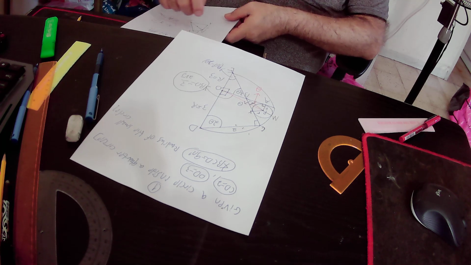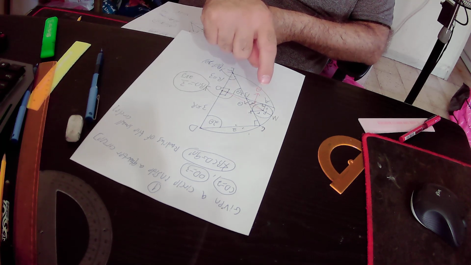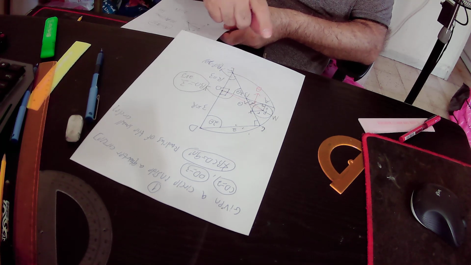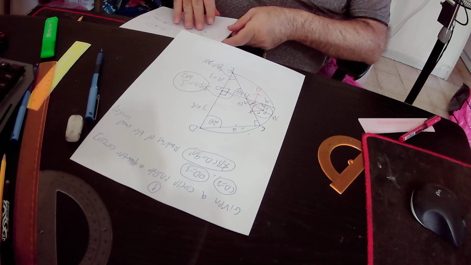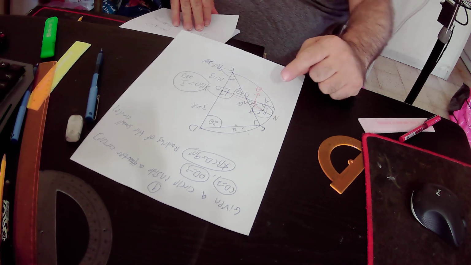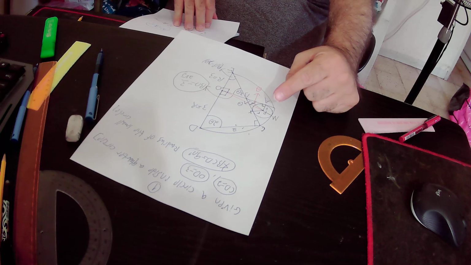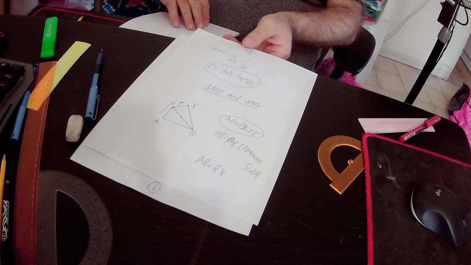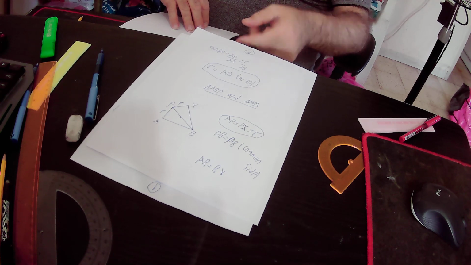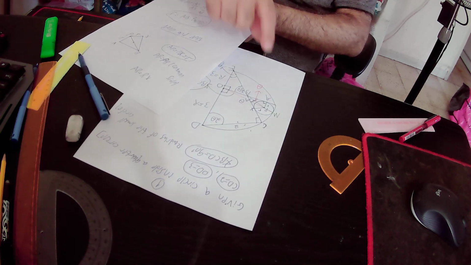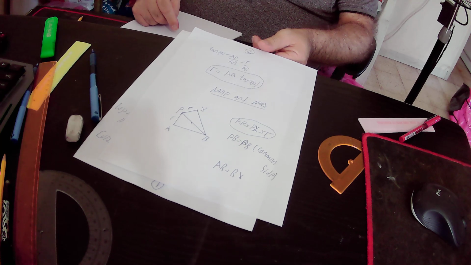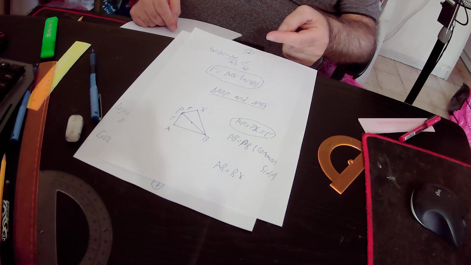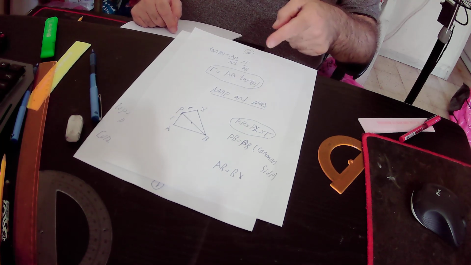We defined angle ABP as theta, and we know that tangent theta equals to AP over AB. But we know that AP is the radius of the small circle, so AP is R, so tangent theta equals to R over AB.